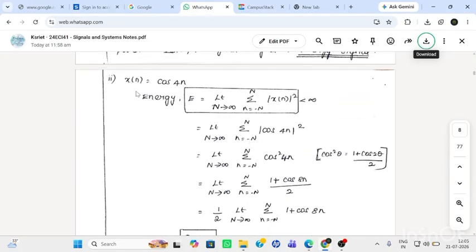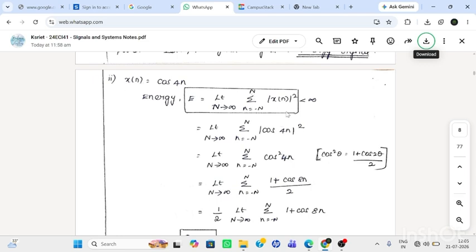Similarly, we can also see an example for a discrete time signal, which is x of n is equal to cos 4n. For a discrete energy signal, the energy formula uses summation instead of integration: sum from n equals minus capital N to plus capital N of x of n the whole square.